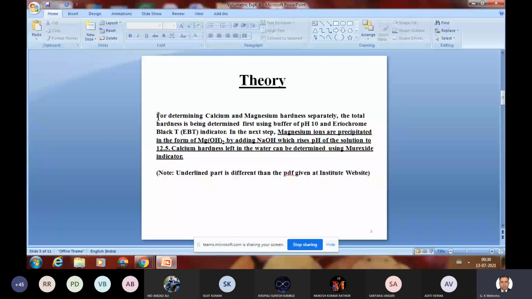Disodium, Na2-EDTA, abbreviated simply as Na2-EDTA. So the disodium salt of EDTA is used as a reagent. Remember, now only 4 positions are available, and that is more than enough to bind with the calcium and magnesium.